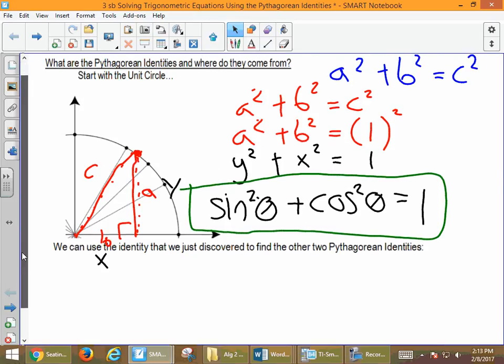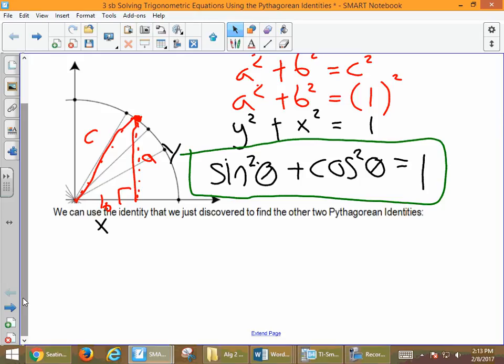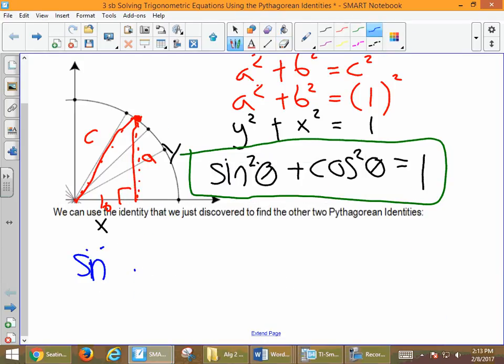And to find these 2 other trig identities, we're going to take our first one that we just started with, our sine squared plus cosine squared equals 1. Rewrite that. We have sine squared theta plus cosine squared theta equals 1.